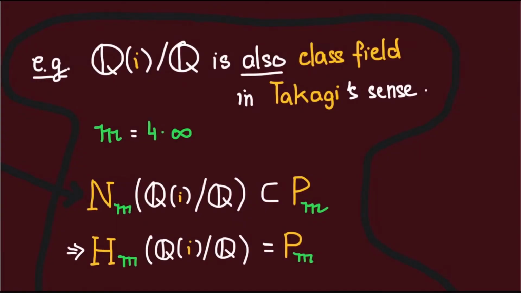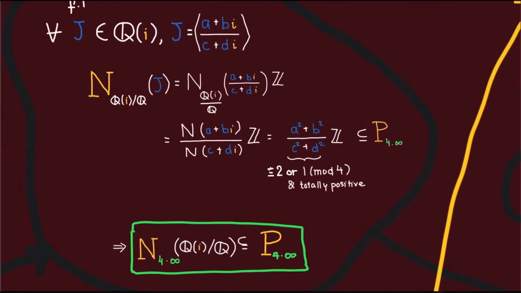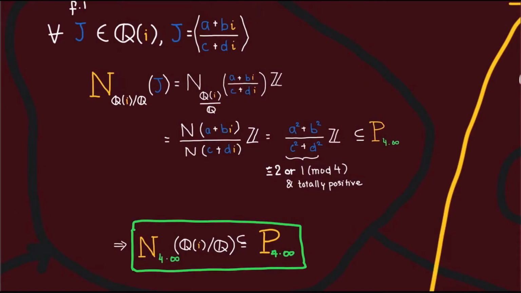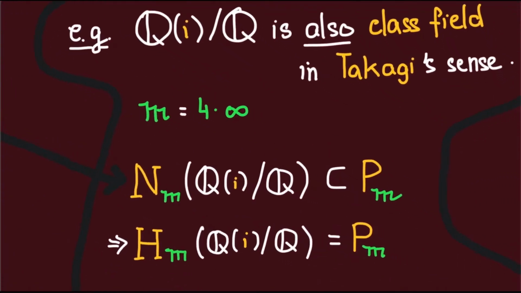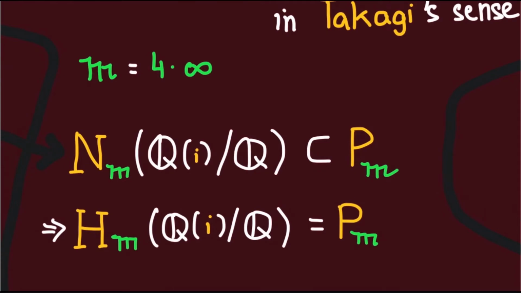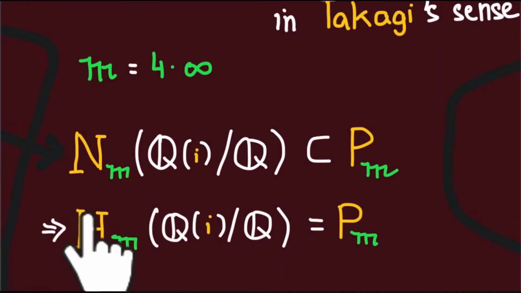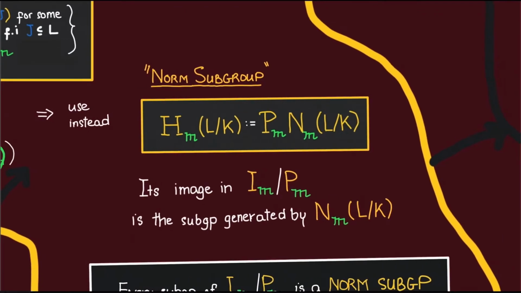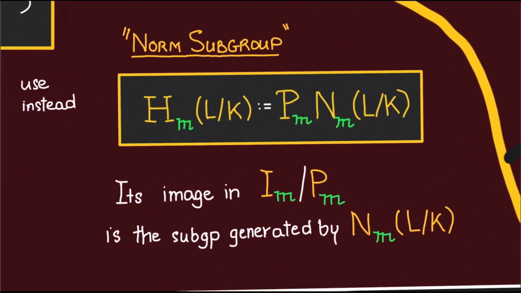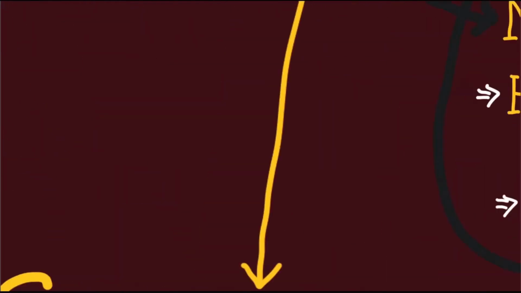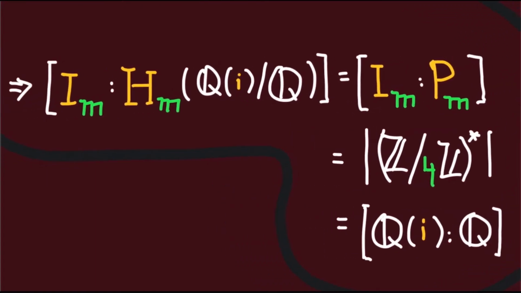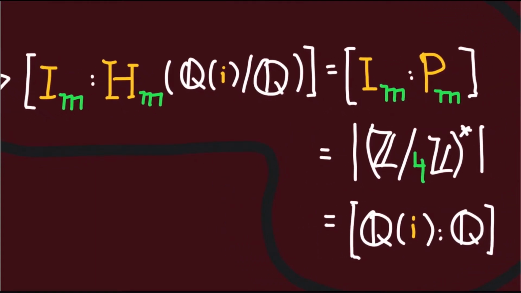That is because in that case, we have computed the norms. And so we saw that the norms of fractional ideals are just going to lie inside P_m. Thus, this norm subgroup must be equal to P_m, because remember, this was defined to be the product of those norms with P_m. Therefore, the index of the norm subgroup inside I_m is just going to be equal to the index of P_m inside I_m.